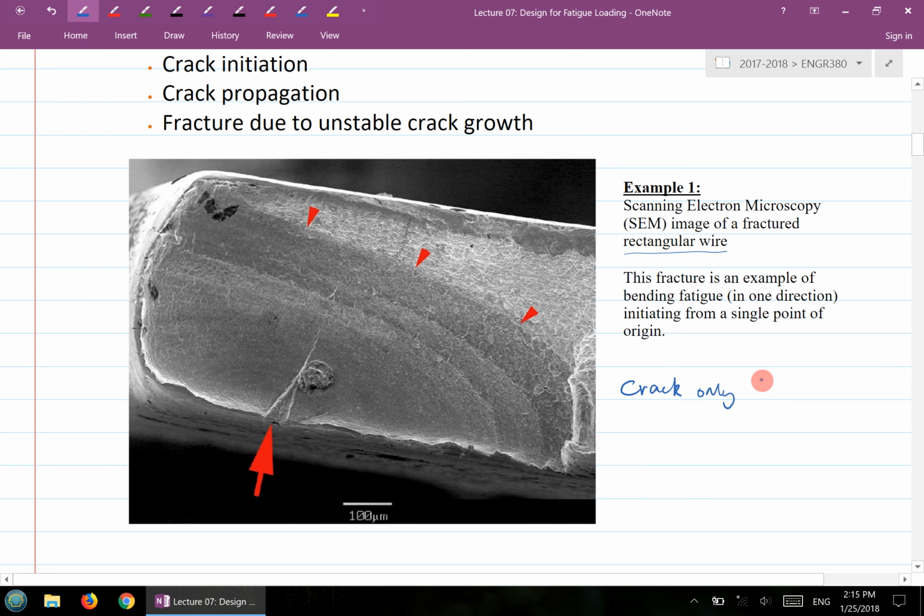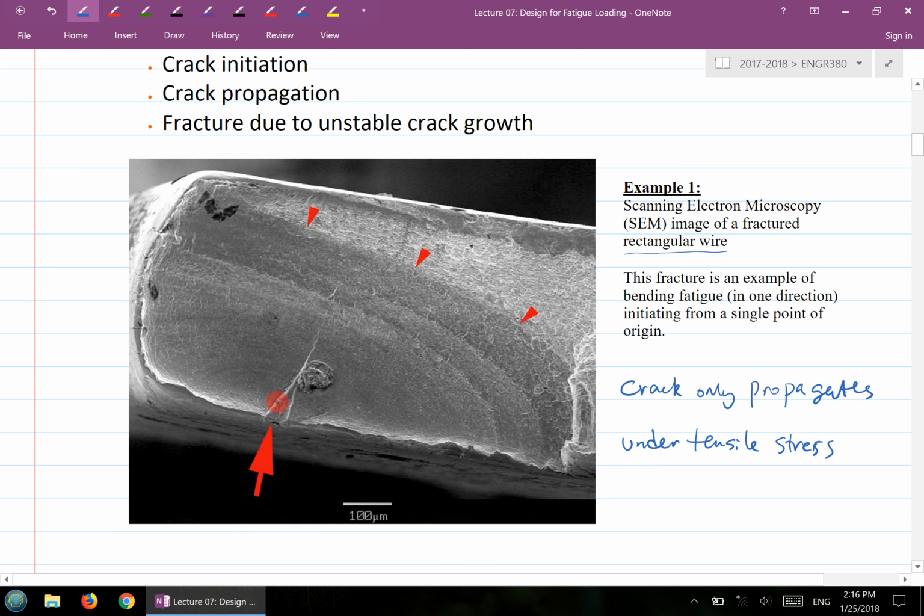The other thing you should understand here is that this crack only propagates under tensile stress. If you imagine this piece of wire that we're bending, every time you bend it upwards, what type of stress does the bottom half of the wire experience?